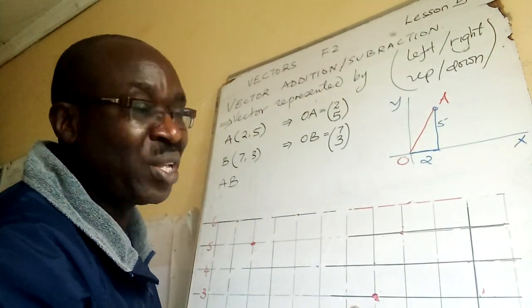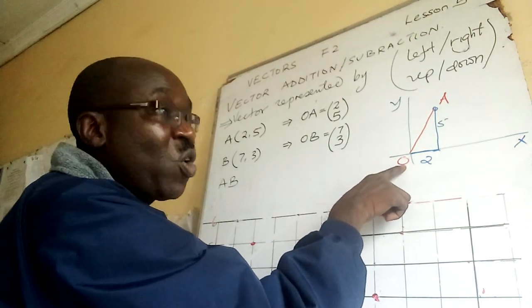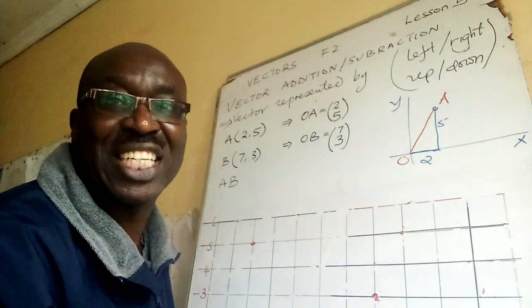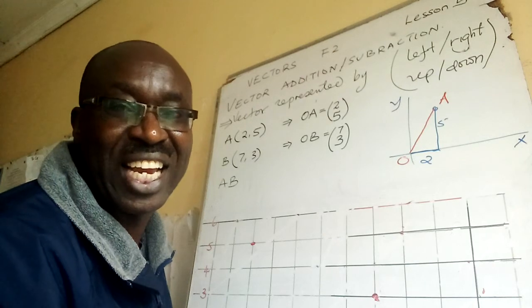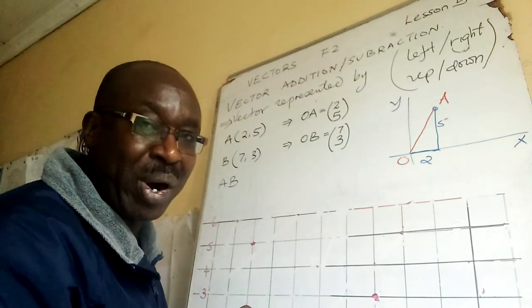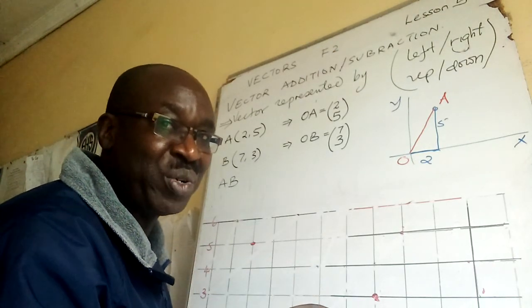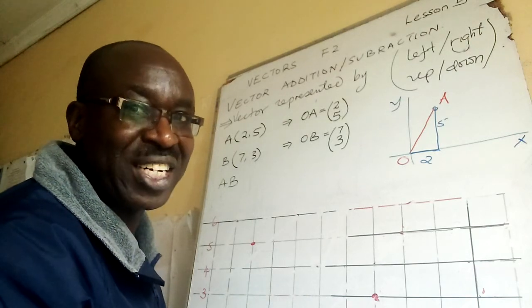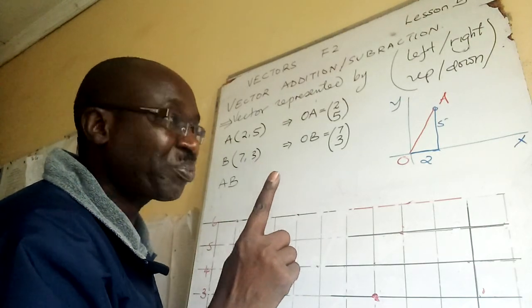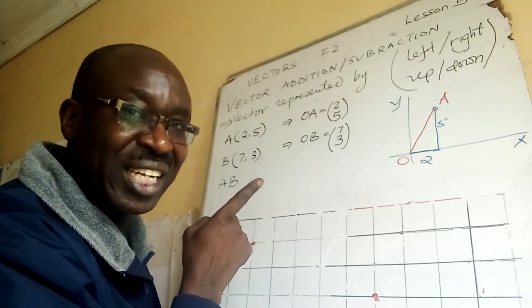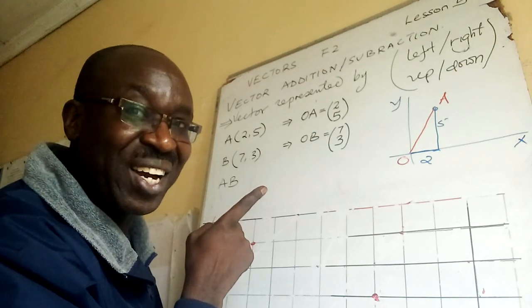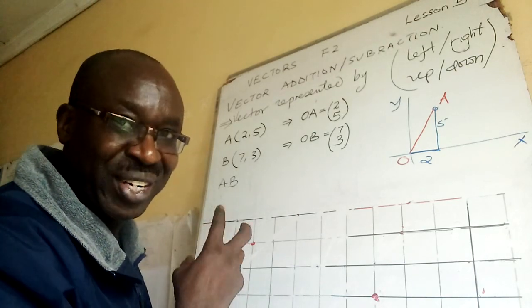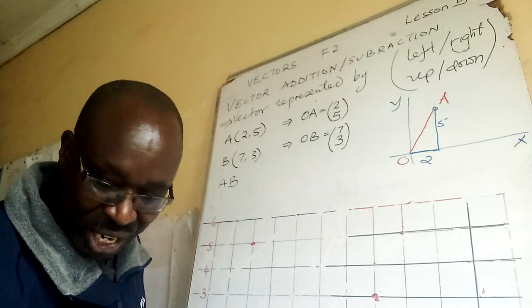This one is from O to A on a straight line, the red straight line. It came about from 2 right, 5 up. Therefore, this is a right-angled triangle. I'm just jogging your mind about yesterday.